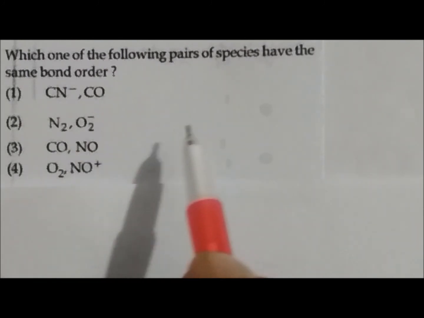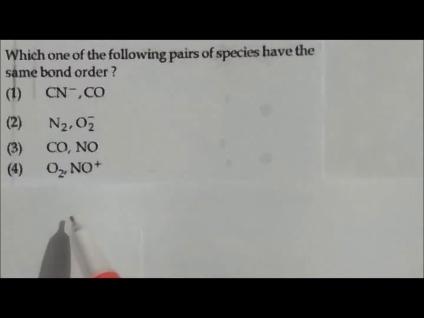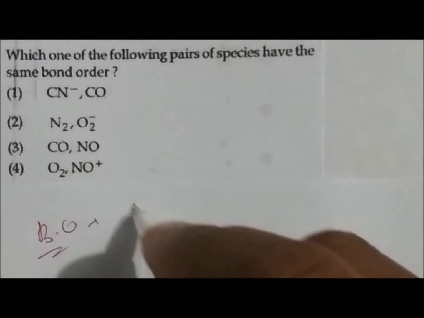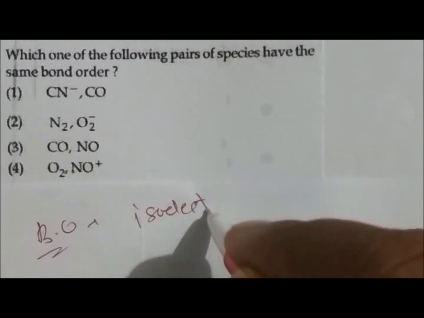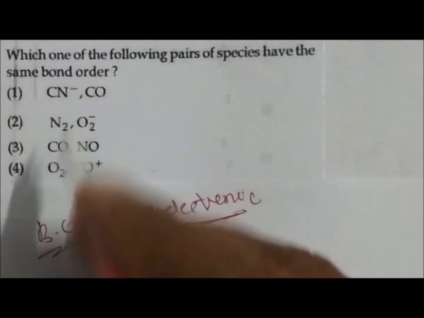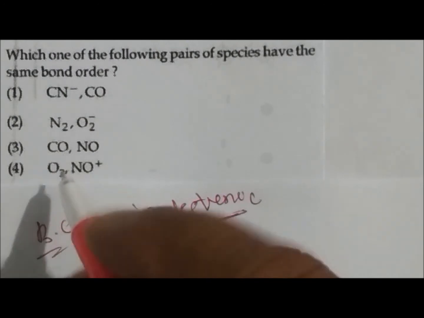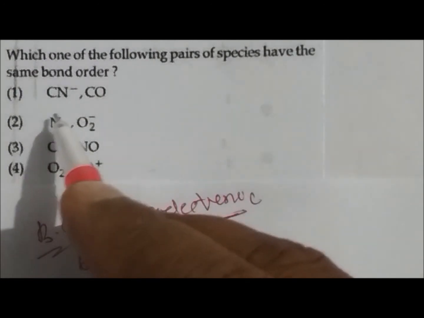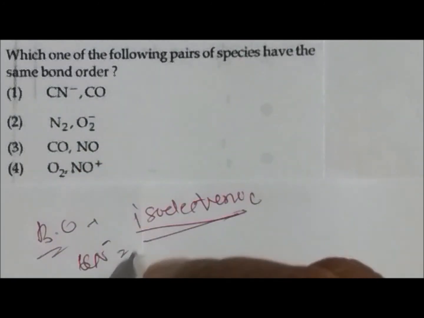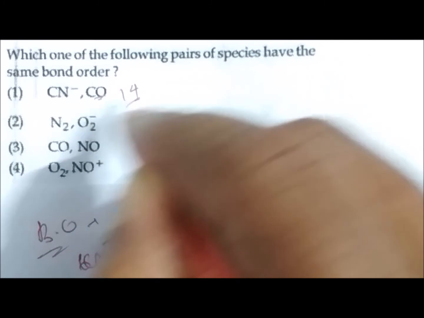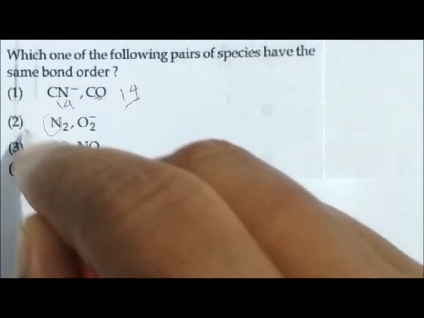Which one of the following pairs of species have the same bond order? For the same bond order, the species must be isoelectronic, so we have to find which have the same number of electrons. CN minus is 6 plus 8, so 14 electrons are there. Similarly, carbon also has 14 electrons, here also 14 electrons, nitrogen 14 electrons.